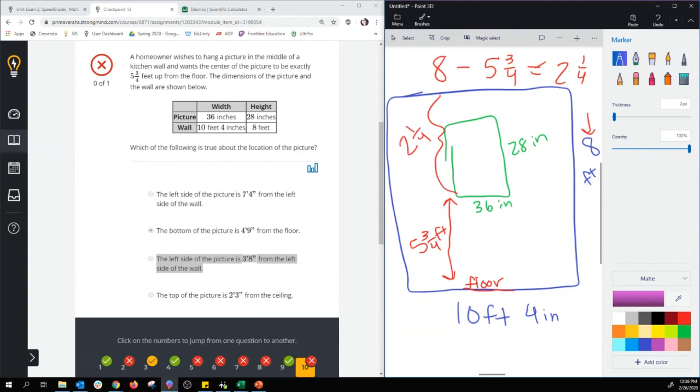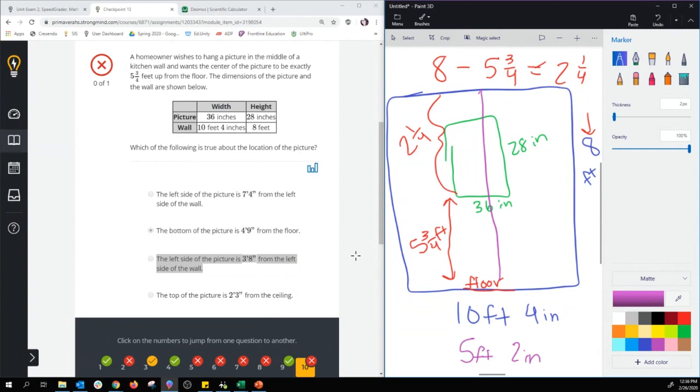If my picture is dead center, the bottom of the wall is 10 feet and 4 inches. If I cut my wall in half, half of 10 feet would be 5 feet and half of 4 inches would be 2 inches.